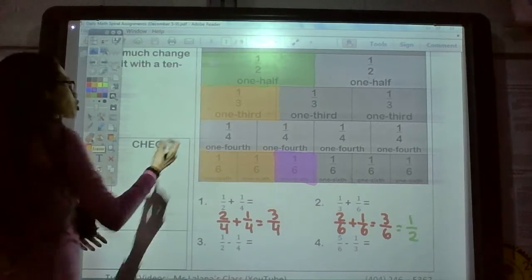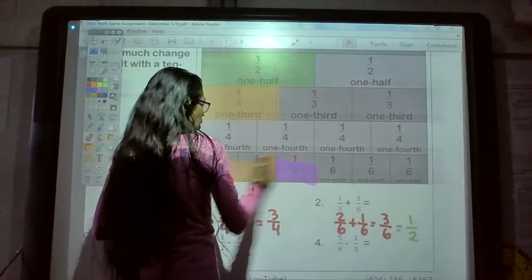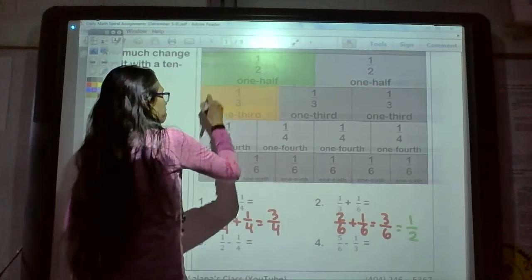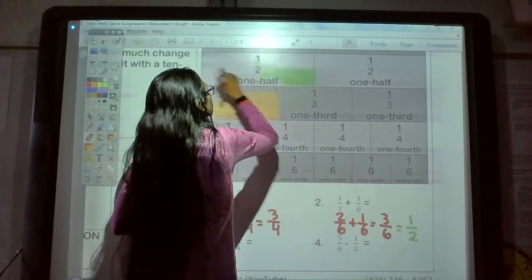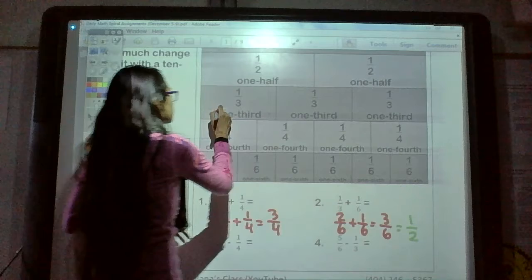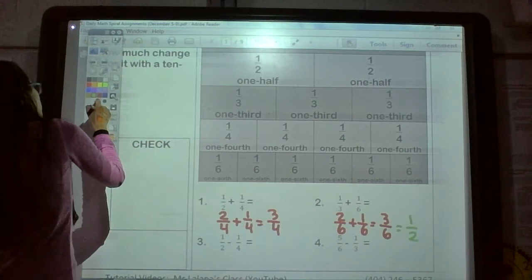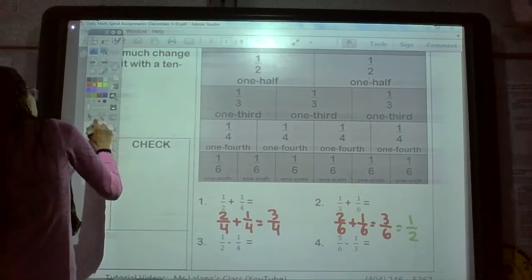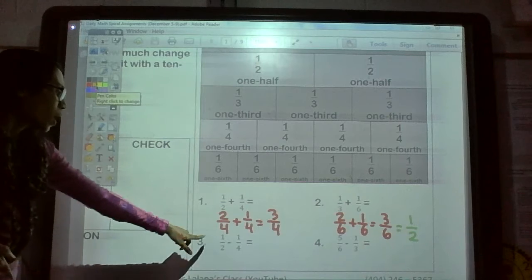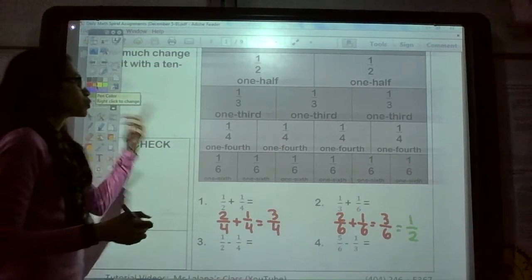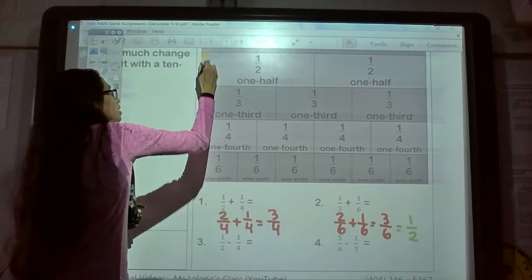Now, the next two are subtraction problems. So let me erase all of these. All right, let's look at that. 1/2 minus 1/4. All right, so where's half? Half is right here.